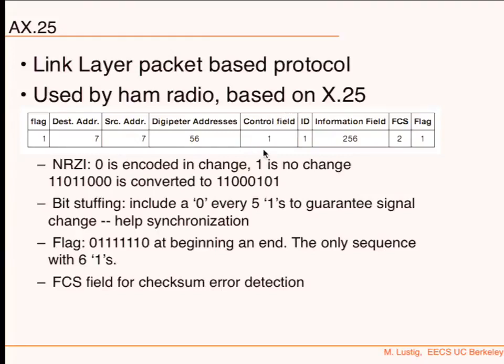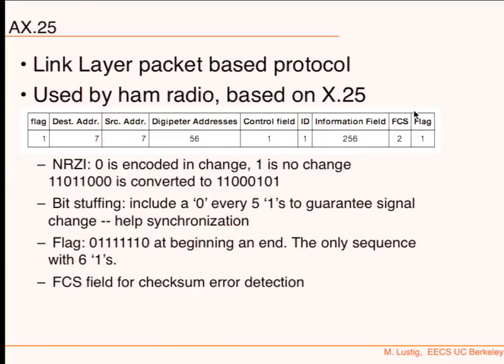Control field is just fixed from AX25. It's a very particular packet. The ID is fixed. You don't need to actually play with this. Information field is the actual information you're sending, and I'm going to explain what you're going to put there. And then it has FCS, which is a field for checksum and error detection.